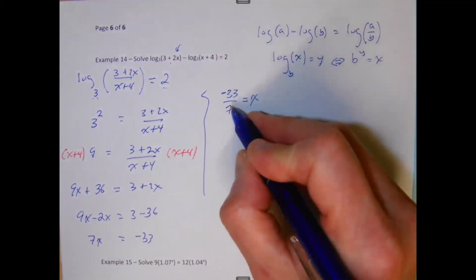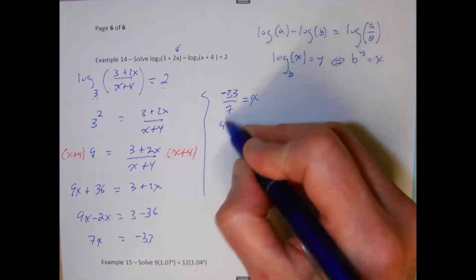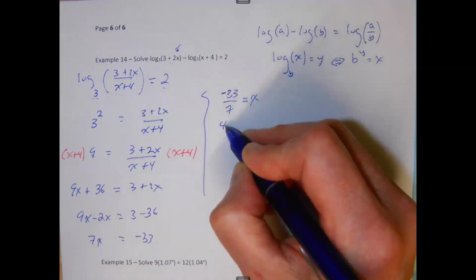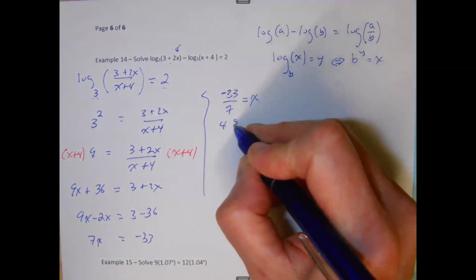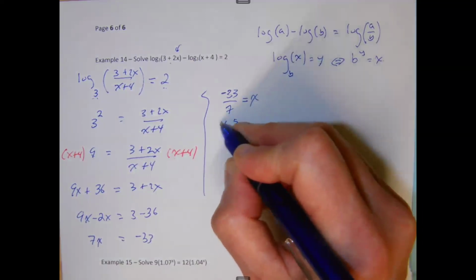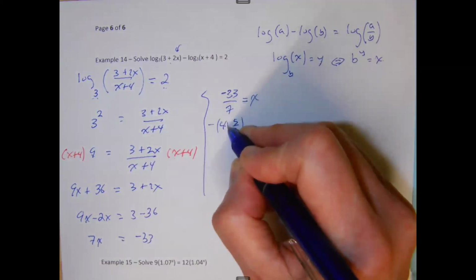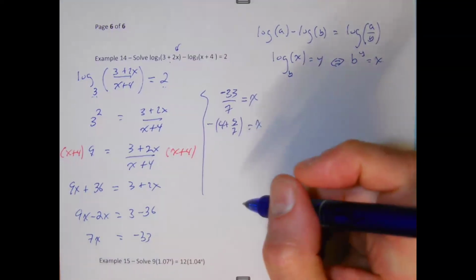So roughly speaking, 7 goes into 33 4 times evenly. And what's the remainder? 7 times 4 is 28, and that leaves me 5. So it's 4 and 5/7, and this whole thing is negative. And that's what x is.